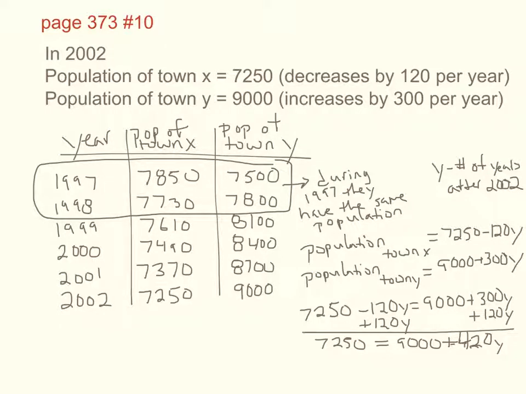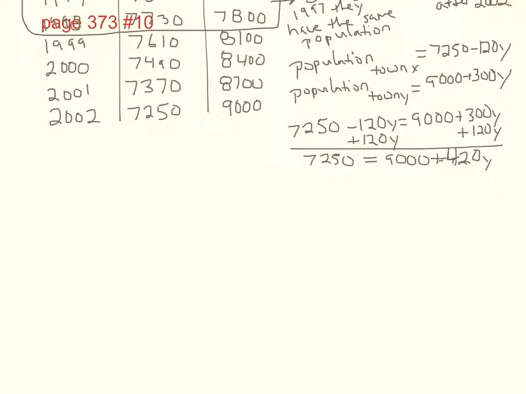And let's get a little more room here. And so continuing to solve for y, we can subtract 9,000 from both sides. And we'll get negative 1,750 is equal to 420y.